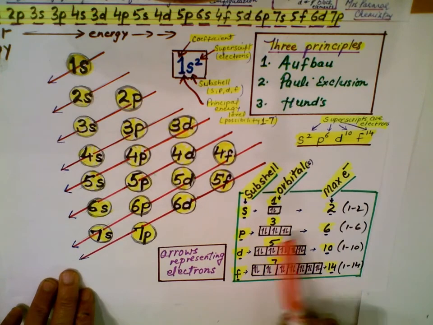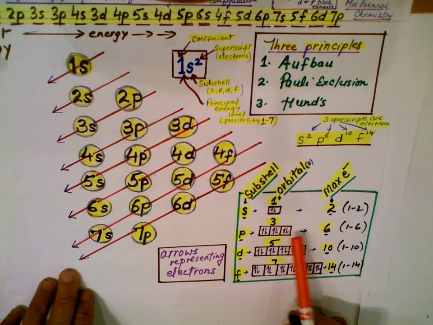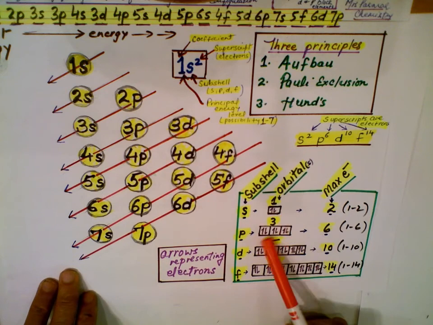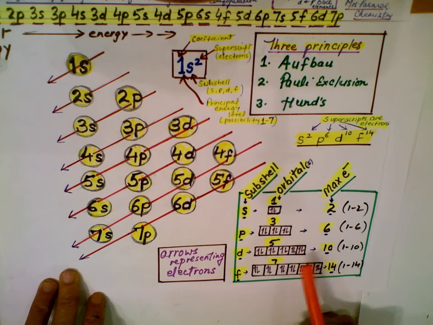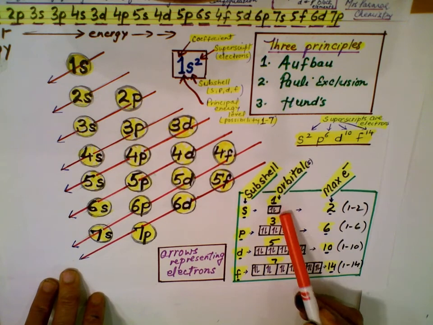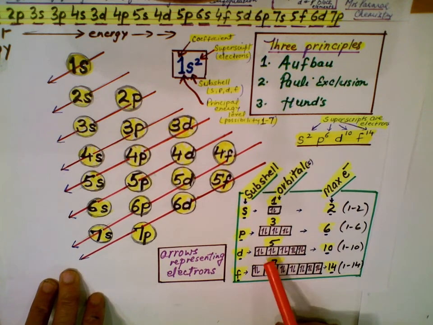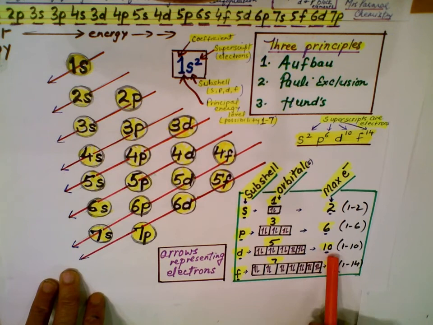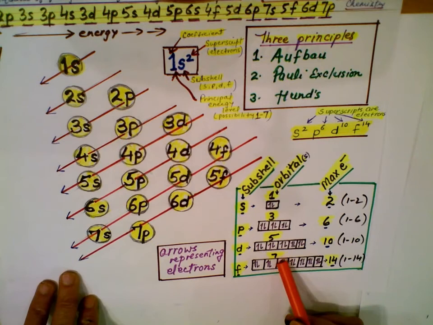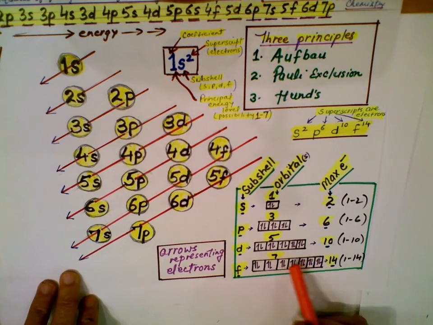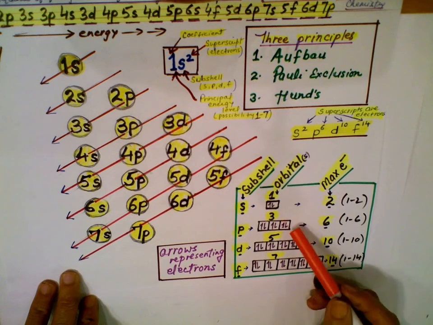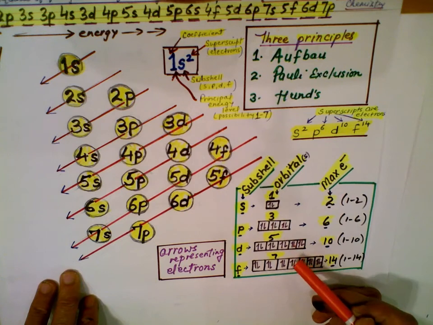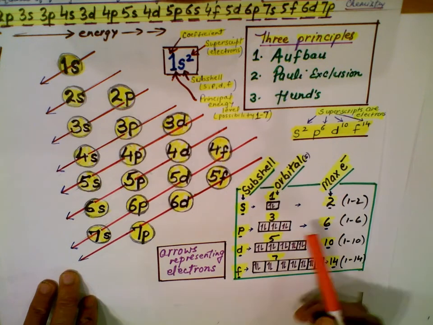P subshell has 3 orbitals. Because one orbital can have maximum 2, how many can 3 have? 3 can have 6 electrons maximum. Again, if one orbital can have maximum 2 electrons, how many can be there in 5 orbitals? 10 max. And in f, 14 max, because there are 7 orbitals. So these s, p, d, and f each represent which subshell they belong to.